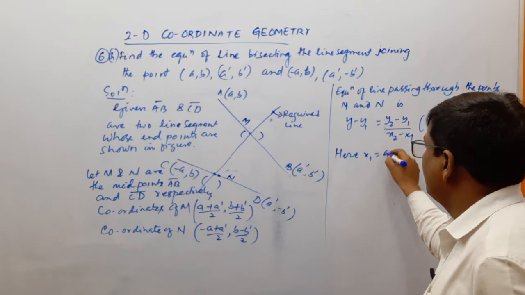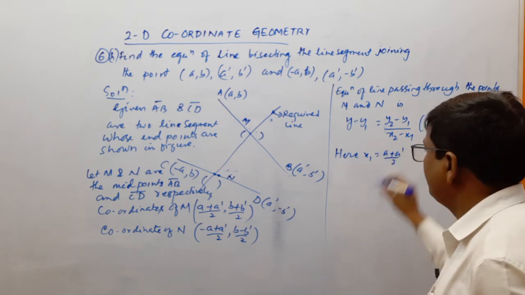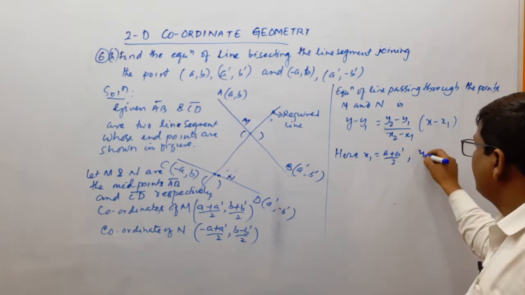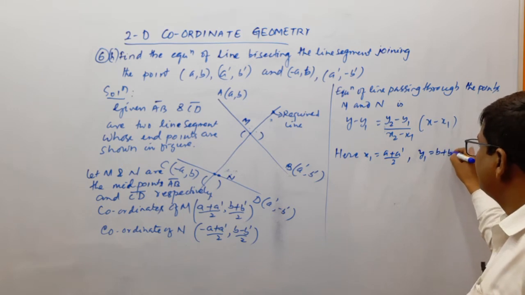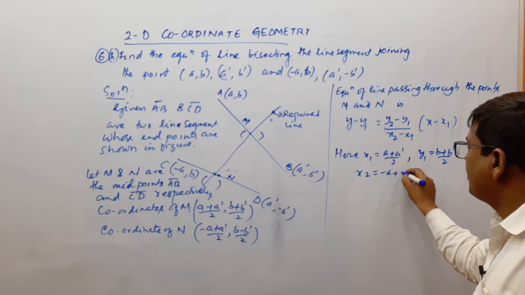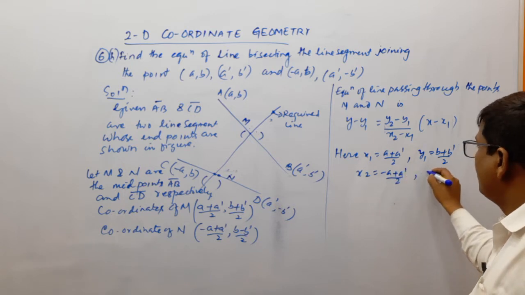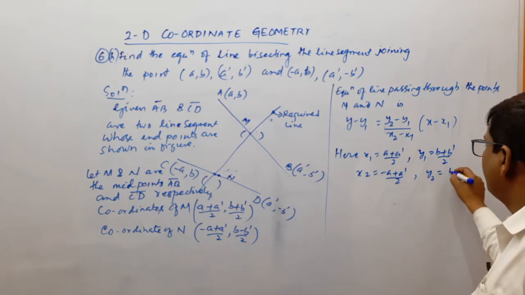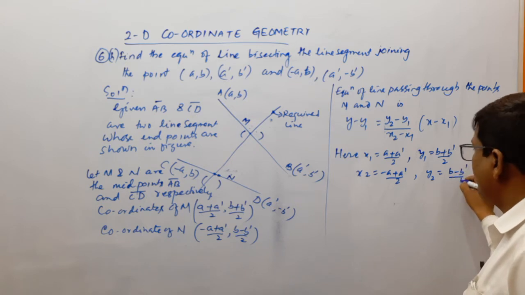Here x1 is equal to (a plus a dash) by 2, y1 is equal to (b plus b dash) by 2, x2 is equal to (minus a plus a dash) by 2, y2 is equal to (b minus b dash) by 2.